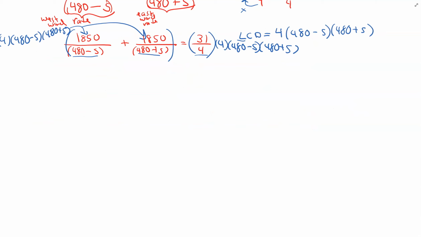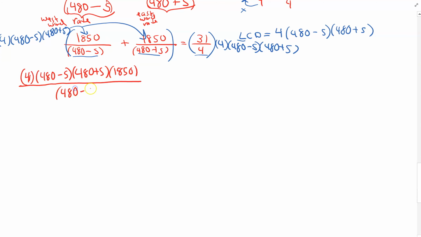So first I'm just going to write everything out, and then I'll start canceling. So in this first fraction, I have 4 times 480 minus s times 480 plus s, and then times the numerator, 1850. And all of that is over 480 minus s. And then in this fraction, again, I have 4 times 480 minus s times 480 plus s times 1850 again.